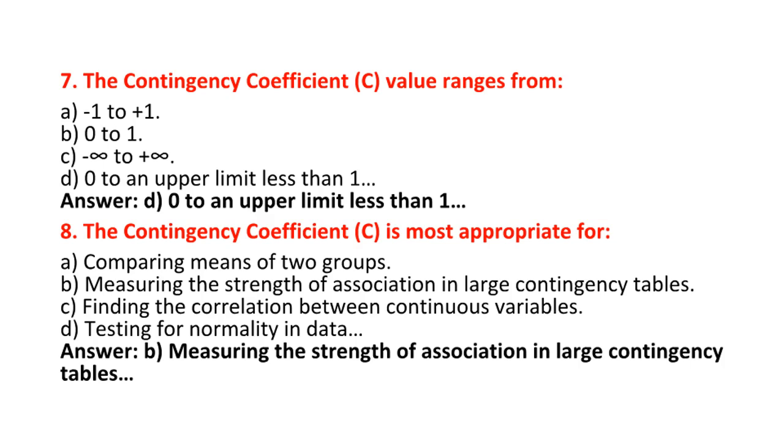The contingency coefficient, C, is most appropriate for A. Comparing means of two groups, B. Measuring the strength of association in large contingency tables, C. Finding the correlation between continuous variables, D. Testing for normality in data. Answer, B. Measuring the strength of association in large contingency tables.